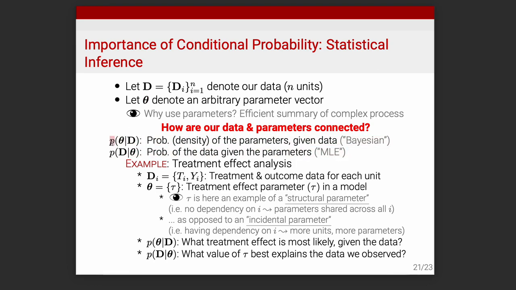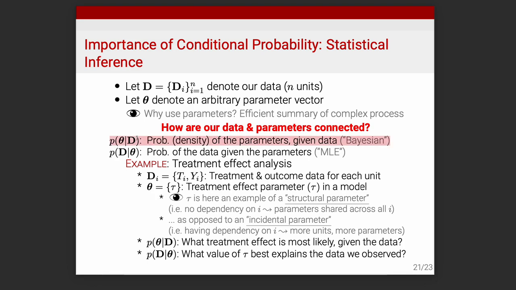The first thing is P of theta given D. This is the conditional distribution of the parameters given all the data that I actually observed. This seems important because we're basically saying what values of, let's say, lambda, or what values of mu, or what values of these parameters are likely and what values are not likely given all the data that I actually observed.